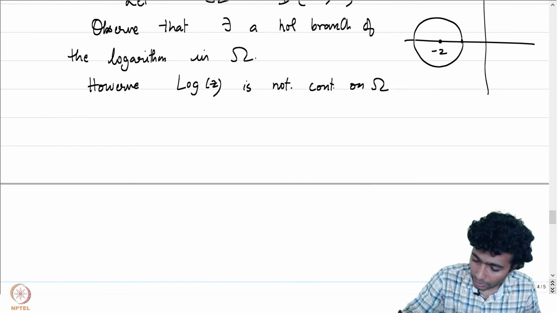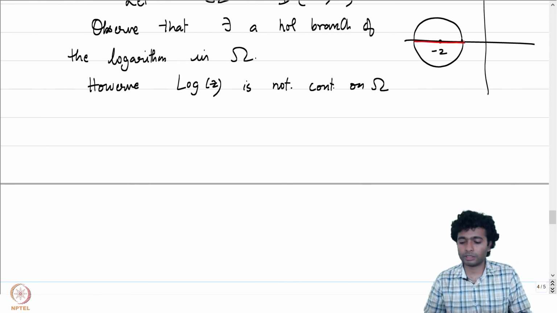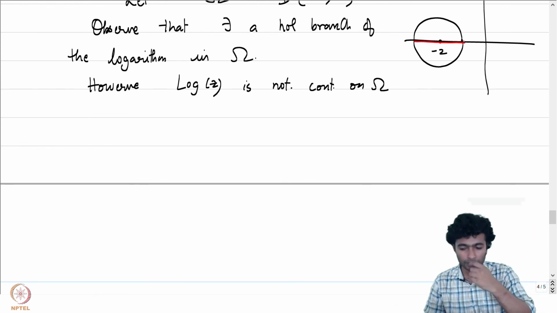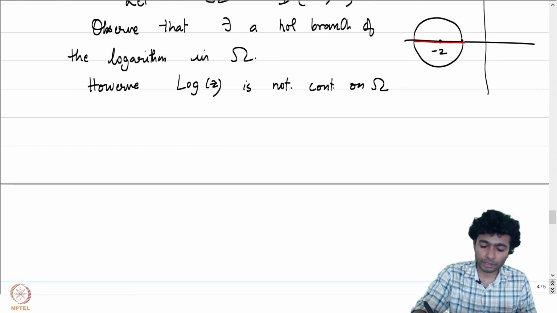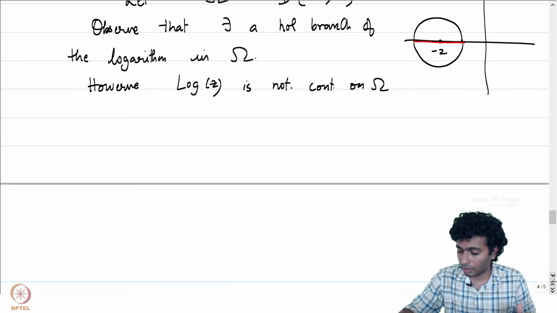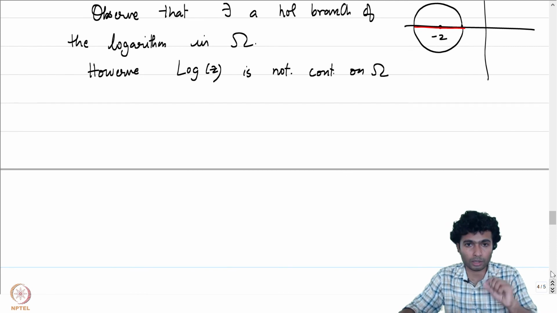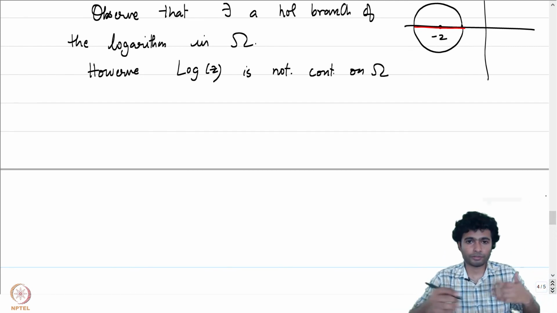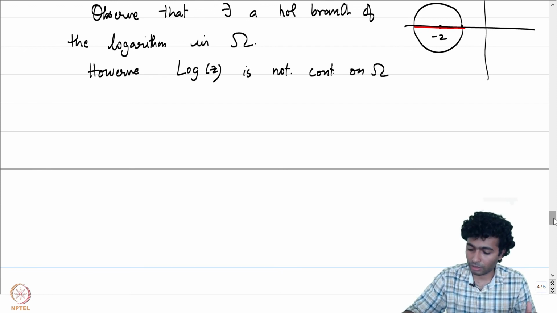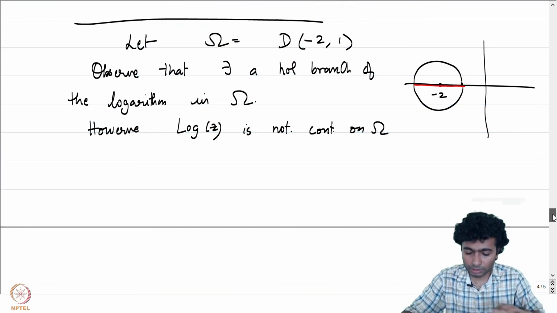If you look at the intersection of this disk with the negative real axis, on that line it's not going to be continuous. So in particular, this is not going to be a holomorphic branch, the capital L log function. We do have some other branch which we can get for the holomorphic branch for the complex logarithm, but this is not going to be one.